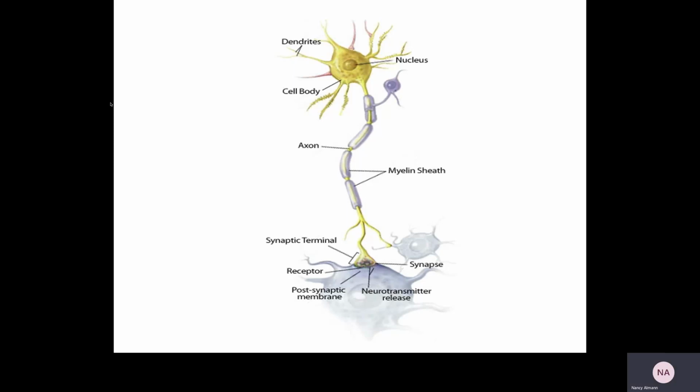The synaptic end bulb is going to release a neurotransmitter, which will travel across that synapse and get picked up by a receptor or receptors on the next neuron. The cell membrane of the next neuron is known as the postsynaptic membrane because it is after that synaptic cleft, after the synapse.